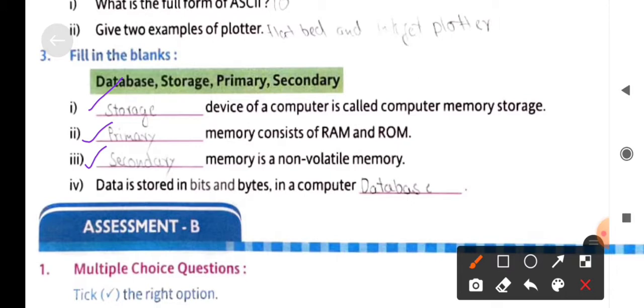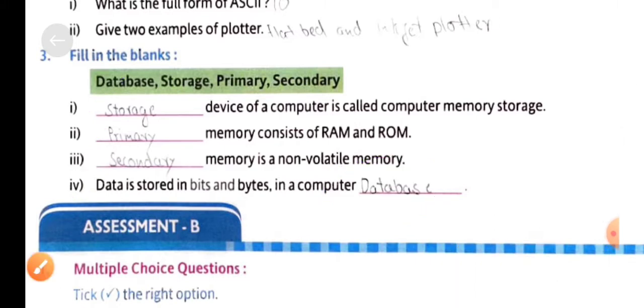I told you already we have two types of memory, volatile and non-volatile. Volatile memory is your primary memory and non-volatile memory is your secondary memory. Fine. Now the fourth one is data is stored in bits and bytes in computer database. So these are all your four fill in the blank portion. You can write down these answers in your book itself. No need to write down these fill in the blanks in copy.